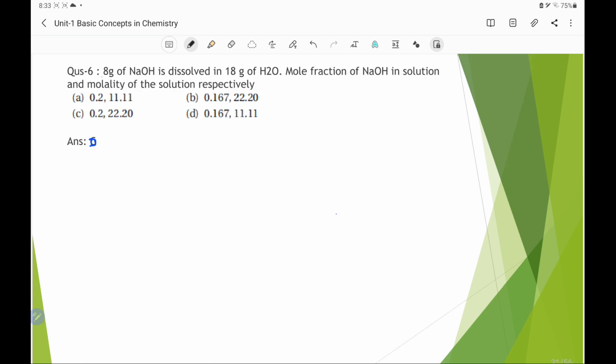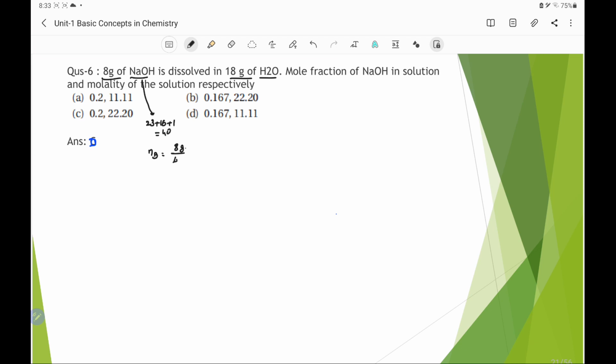Next question is, 8 gram of NaOH is dissolved in 18 gram of H2O. It means solute is the NaOH and its value is 8 gram. So mass 8 gram is divided by its molecular weight, and molecular weight of NaOH is 23, the atomic mass of the sodium, plus 16 of oxygen and 1 of hydrogen, that means it is 40.